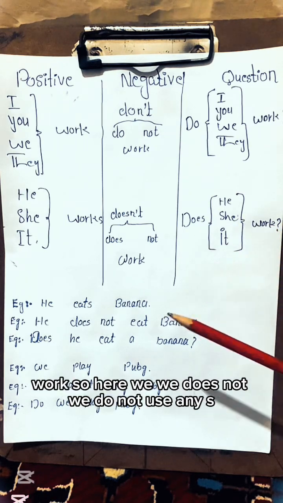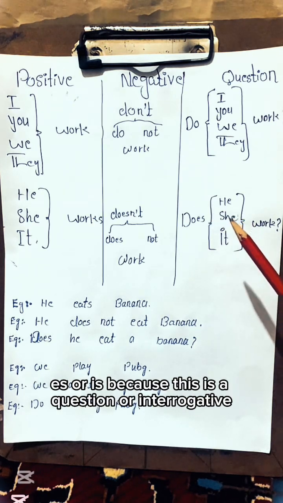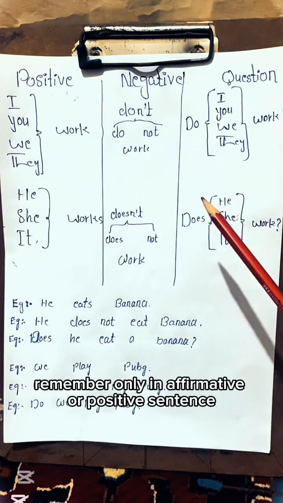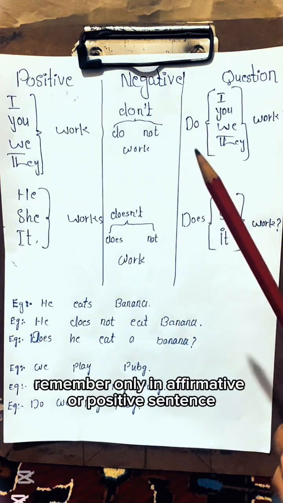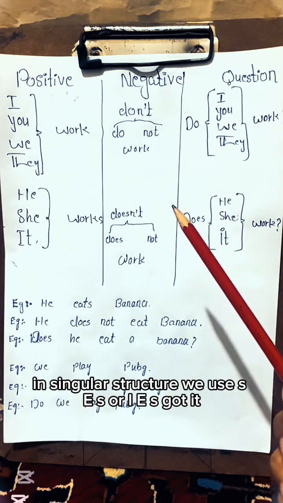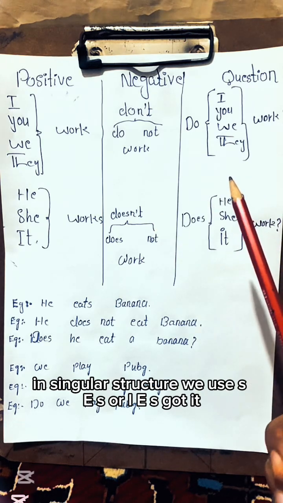Does it work? So here we do not use any s, es or ies because this is a question, or interrogative. Remember, only in an affirmative or positive sentence in singular structure we use s, es or ies. Got it?